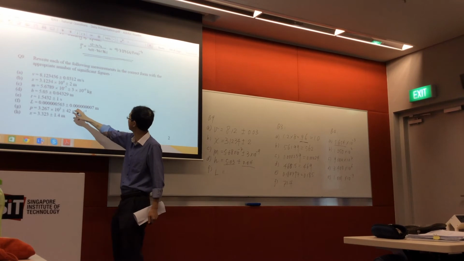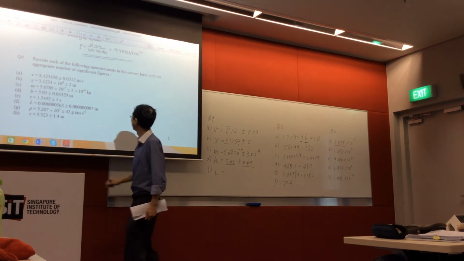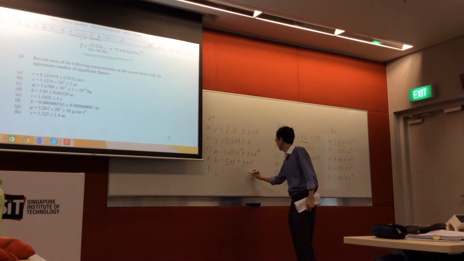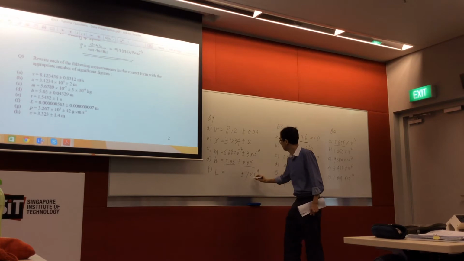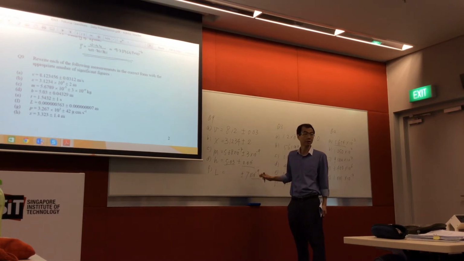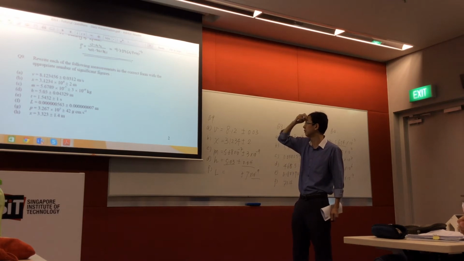But now you have so many zeros, right? What is that? 4, 9. So it will be 7 times 10 to the power minus 9. So this basically is your order of magnitude. So your L need to have the same order of magnitude.